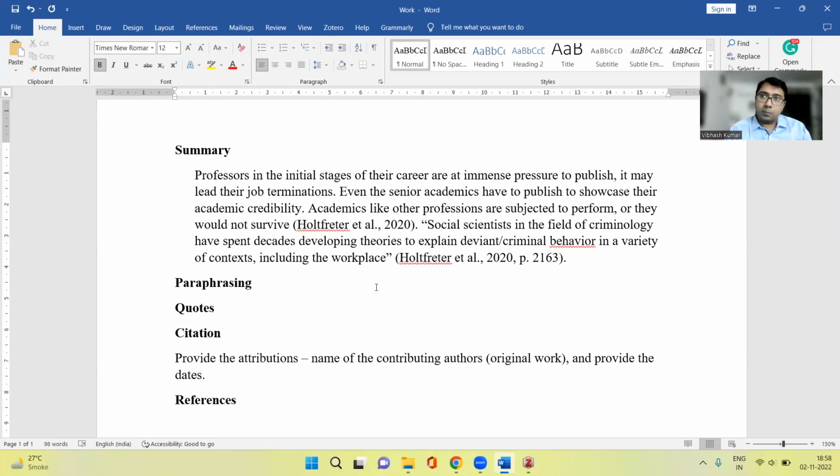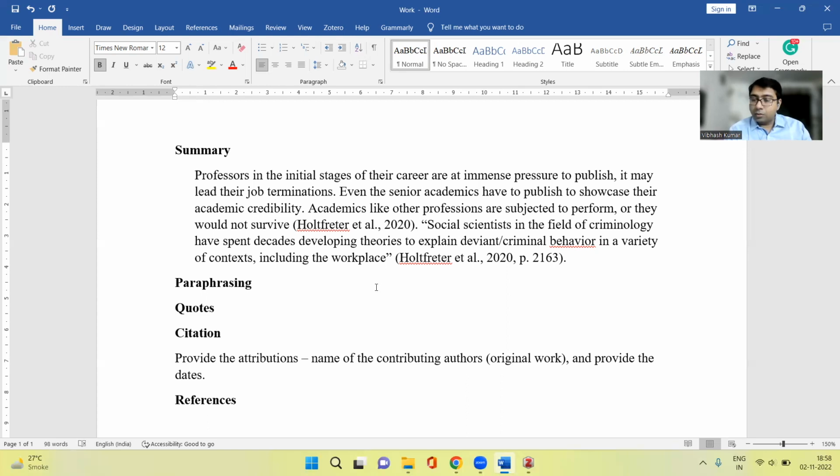The process here is that you do not copy and paste. The process here is to read it well, take it to your memory, keep it as some pointers, and then maybe write it as proper sentences. This can reduce the amount of plagiarism or similarity in our text to a greater extent.